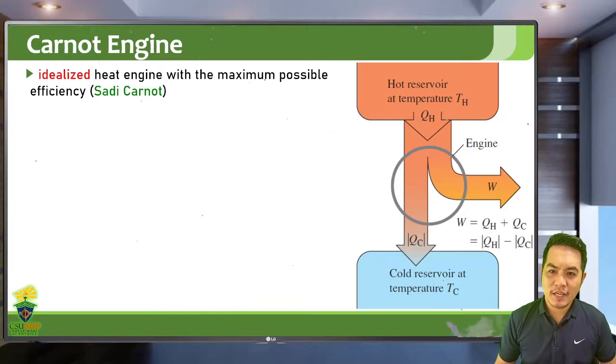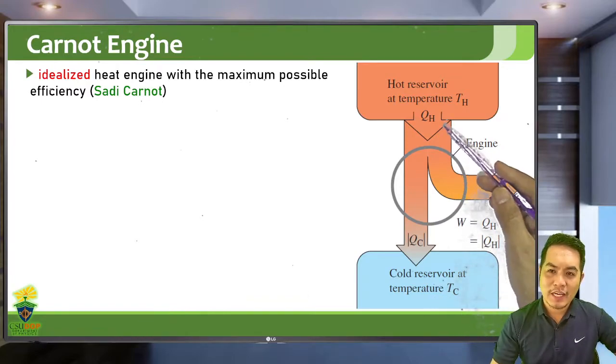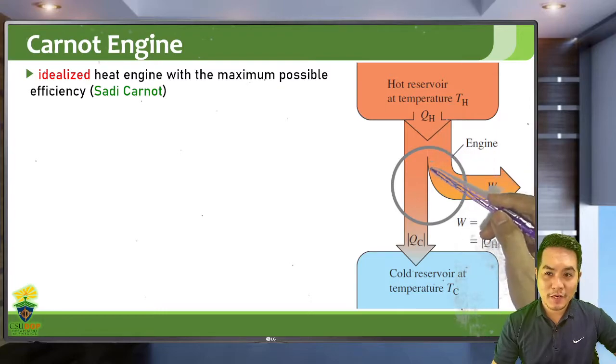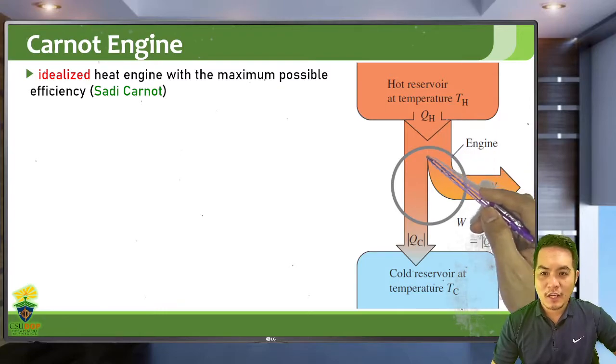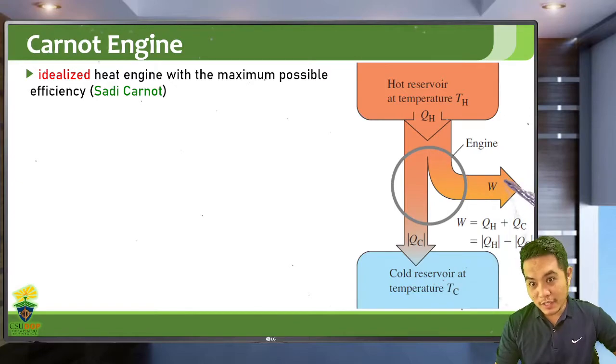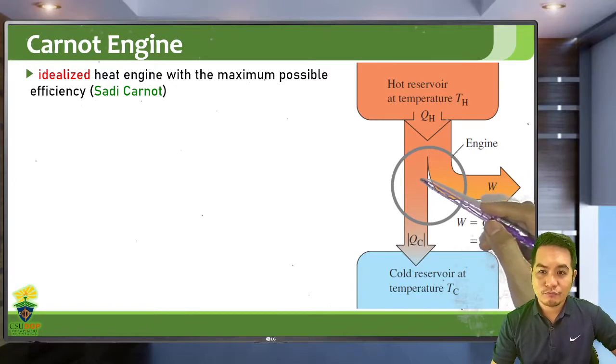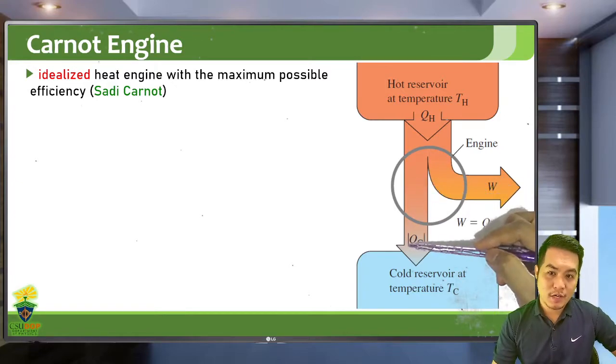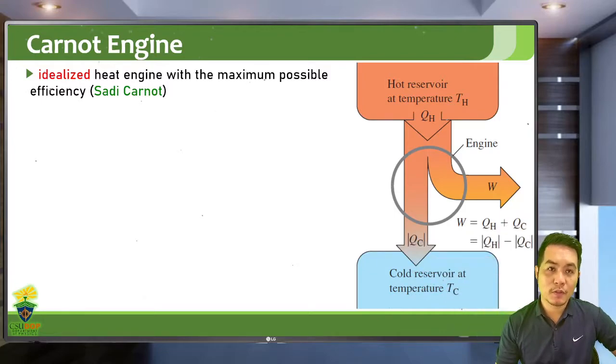This is the diagram of a heat engine. The heat engine absorbs heat from a hot temperature reservoir, converts some of that heat into work, and then dumps some of that heat into a cold temperature region.